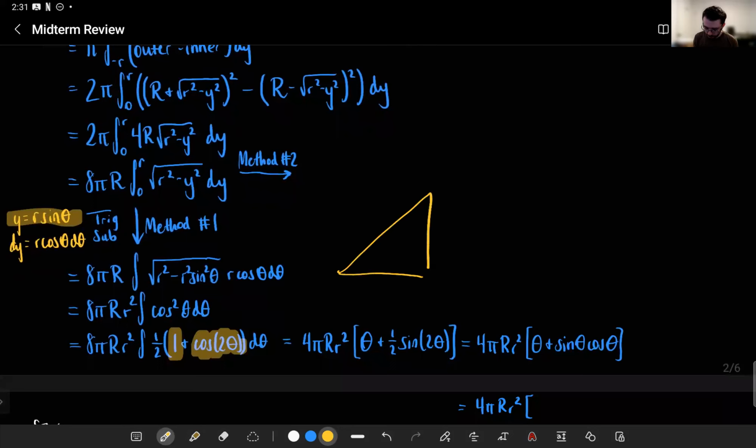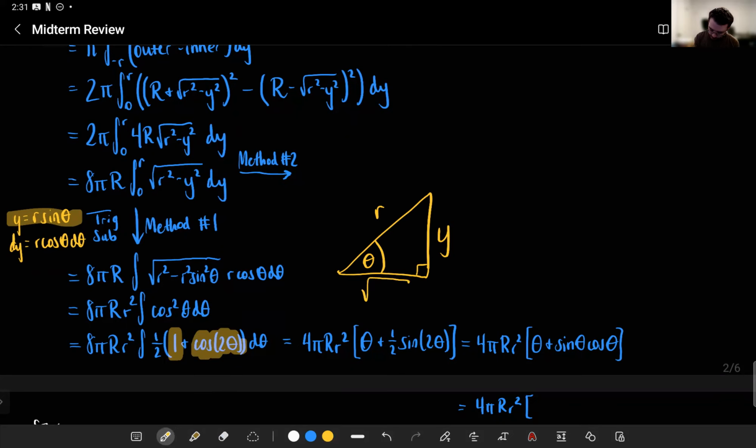Let's draw a right triangle. Okay, so we want it to be true that y equals r sine theta. Another way of saying that is sine theta should be y over r. But sine is opposite over hypotenuse, so we get that.